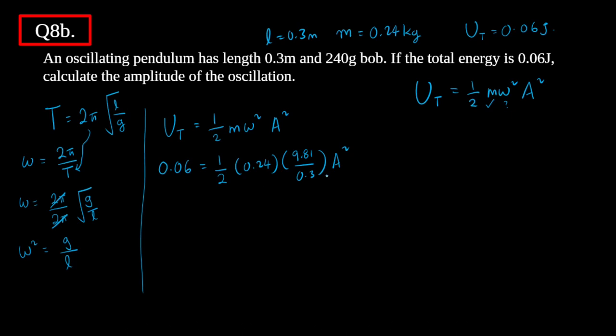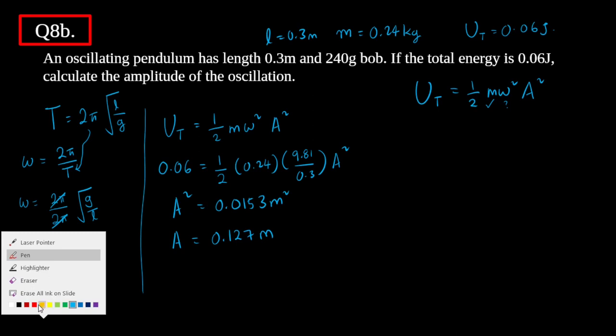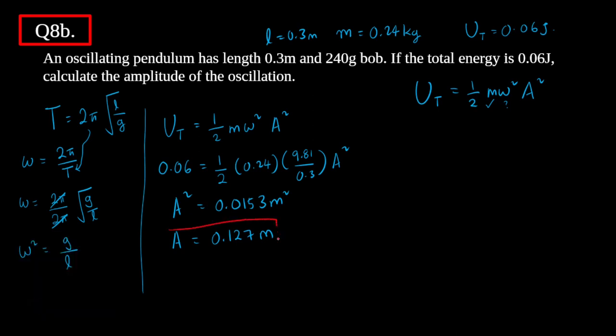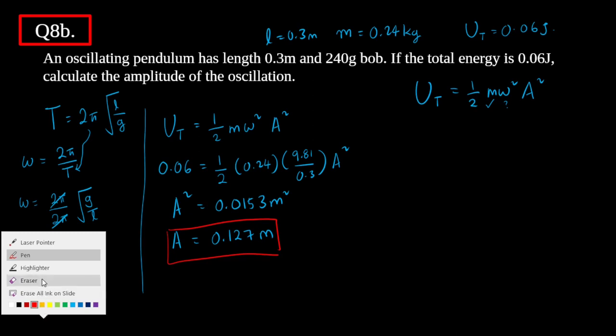If I rearrange that and calculate it numerically, what I will find is a squared equals 0.0153 meters squared. Again, I can take the square root of both sides, and I'll have a equals 0.127 meters. And that is going to be my final answer. Okay, so what did we learn today?